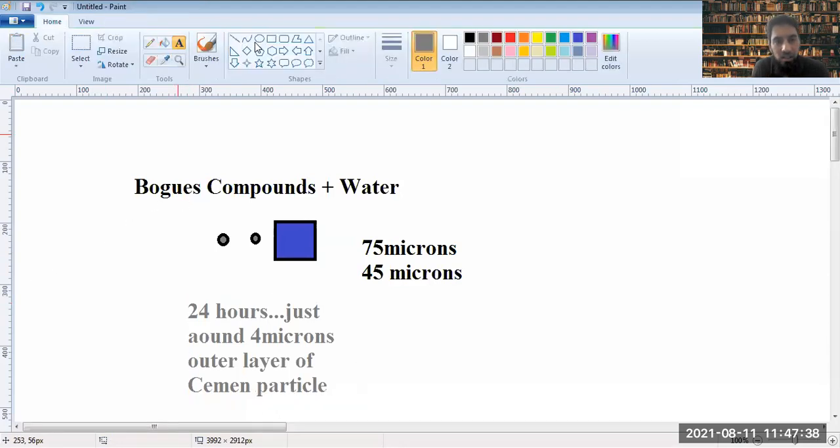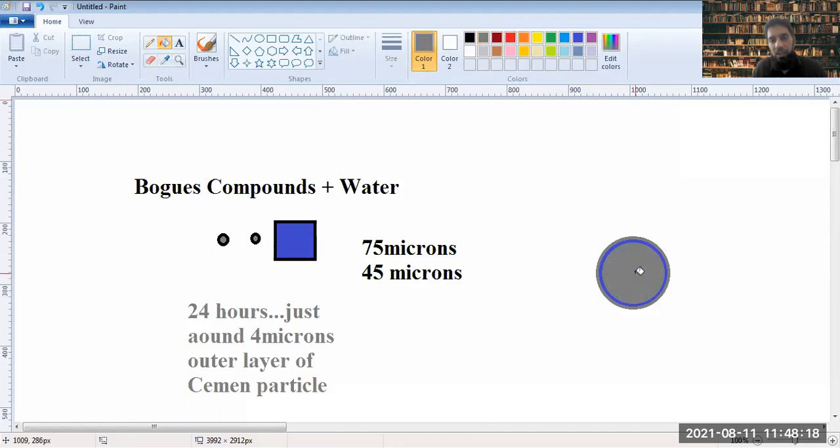So if this is a cement particle, even after 24 hours, you will have only this much amount of water entering into the cement particle, only into this much layer. After 28 days, it still is near some 10 to 12 microns. So most of the cement remains unhydrated.